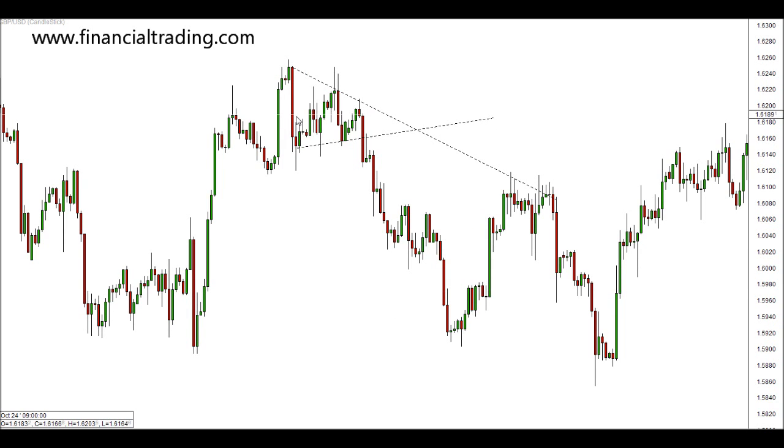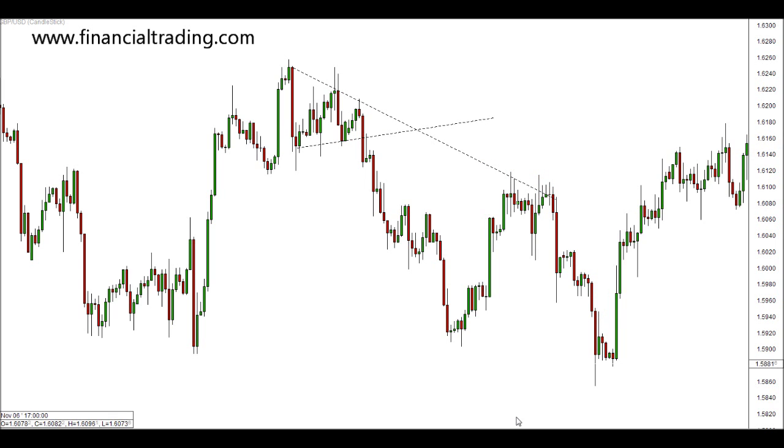It's interesting to note that if we extended this triangular support and resistance, it is still used in future price movement. If we look at this resistance that we created, you'll see it acts as resistance here. Price is rejected off the resistance a number of times and then falls on the downside.